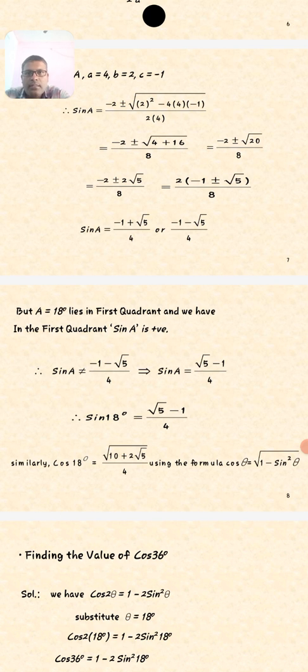That implies sin a is equal to (√5 − 1)/4. Therefore sin 18° is equal to (√5 − 1)/4. Are you clear? Similarly, cos 18 degrees is equal to √(10 + 2√5)/4, using the formula cos θ = √(1 − sin² θ).